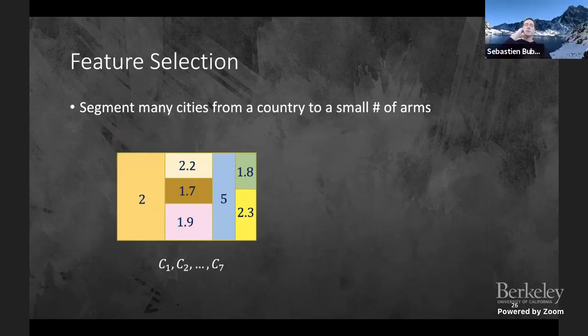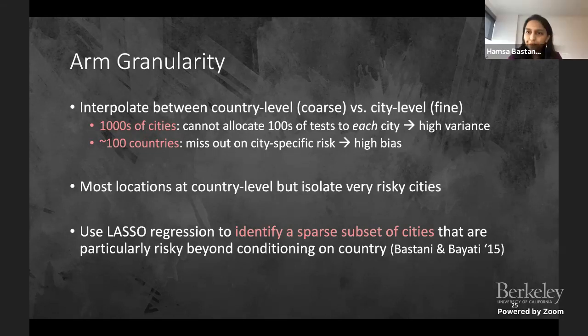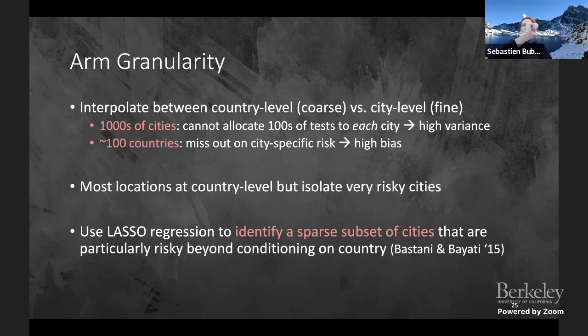I'm sorry, can I just ask you a quick question? Here the set of arms is literally a metric space. It's actual places on the map. There has been a lot of work on exactly trying to attack this bias-variance trade-off, as to what size you define for your arms.